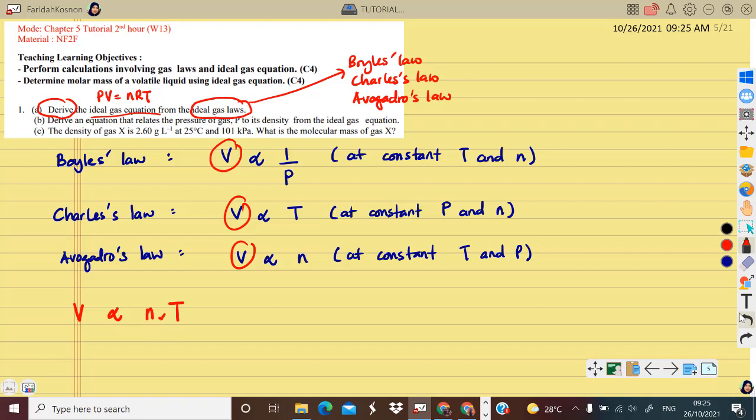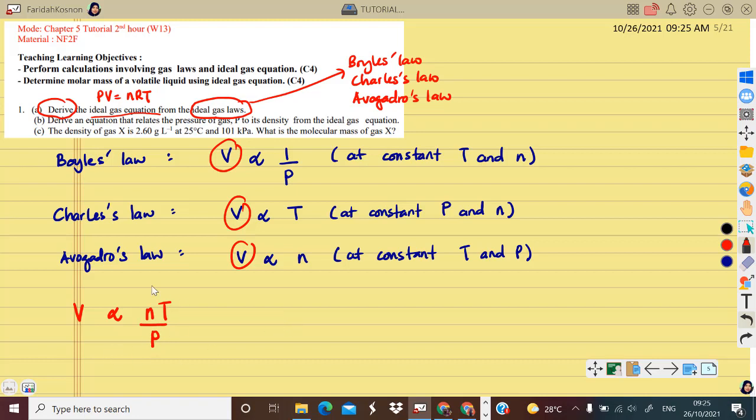Kita boleh buat macam ni lah. Saya buat macam ni je. Volume occupied by the gas is directly proportional to mole and absolute temperature, but inversely proportional to the pressure.